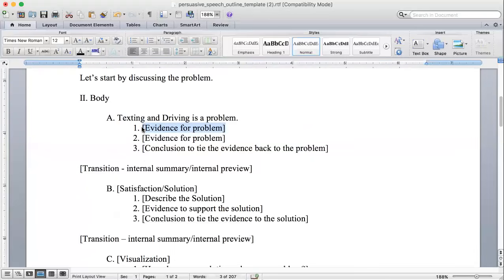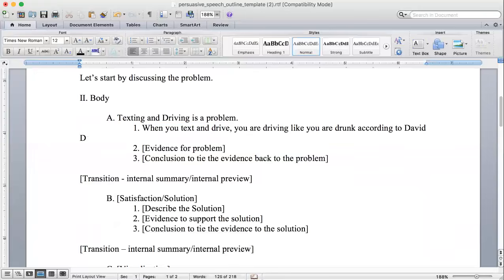So we're going to make up some evidence and say, when you text and drive, you are driving like you are drunk, according to David Drinker. Again, probably a really, really credible source. We should probably explain who he is for our credibility: author of the book, Distracted Driving.